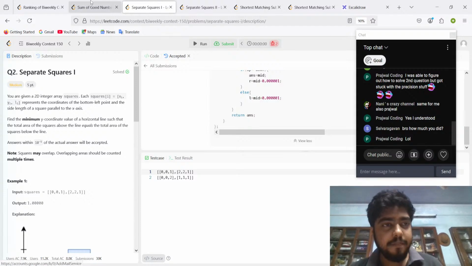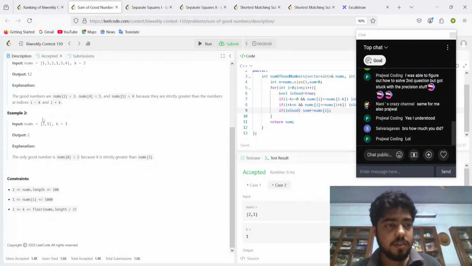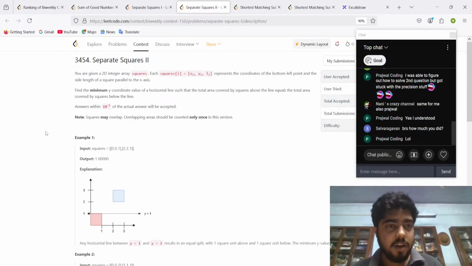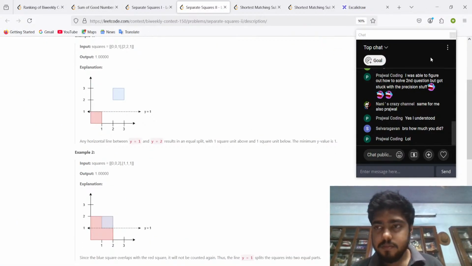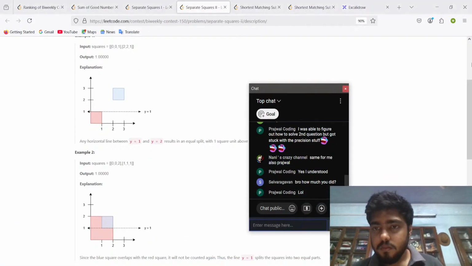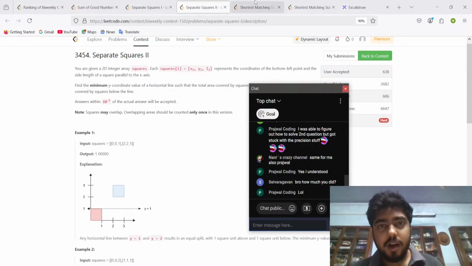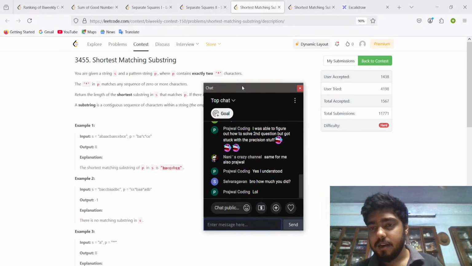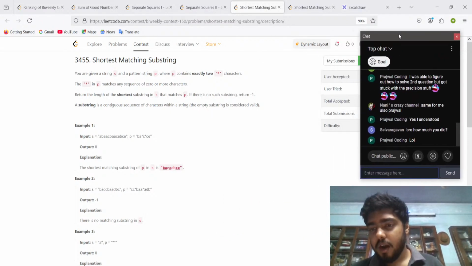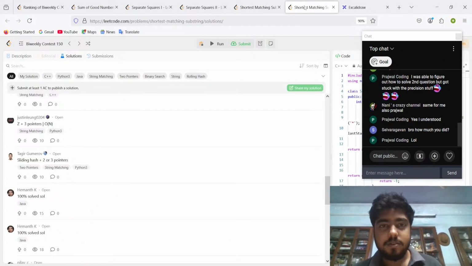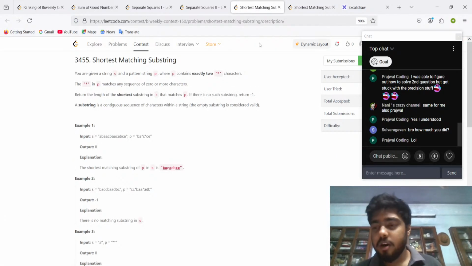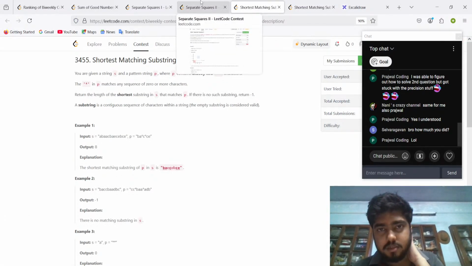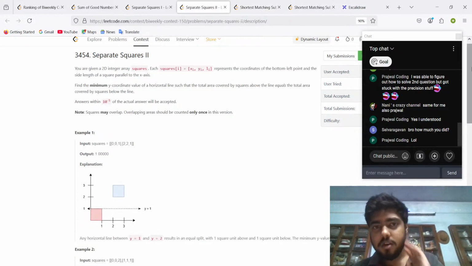This was given a medium. This was given an easy, if I'm not wrong. This was given a hard, I guess, and this was also given a hard, I guess. So basically all the problems were hard enough. I mean, all the problems were justified. But if you're well accustomed with Z functions, I think this won't be a much harder problem.